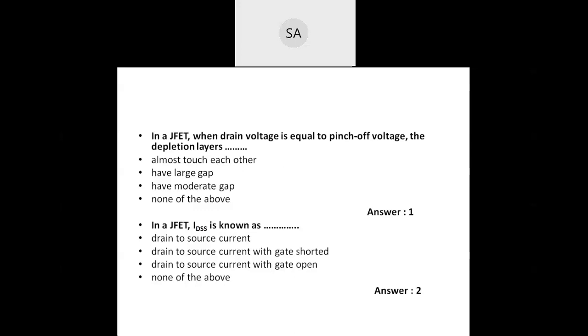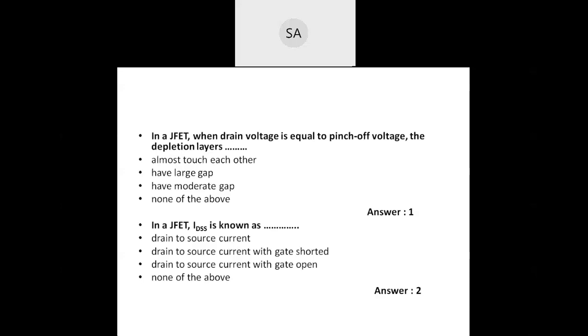Initially we don't apply any potential from gate to source, that is VGS is 0, and we increase the VDS. The current increases proportionally up to the ohmic region, and afterwards it attains a constant value. At that point we call it VP. So VGS is 0, that means short circuited. IDSS is the drain to source current with the gate to source voltage shorted. So the answer is the second one.